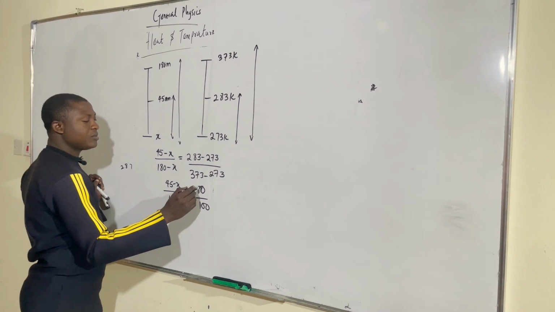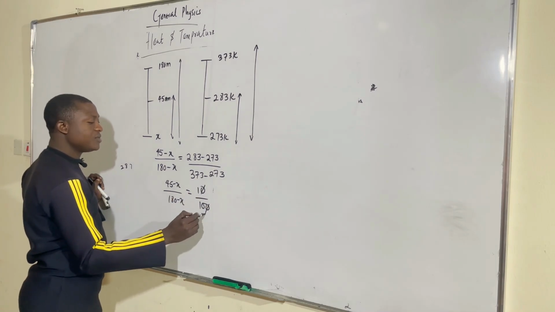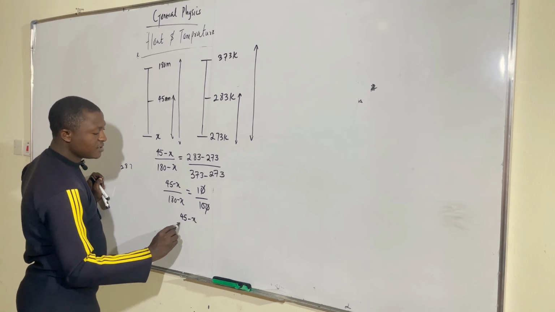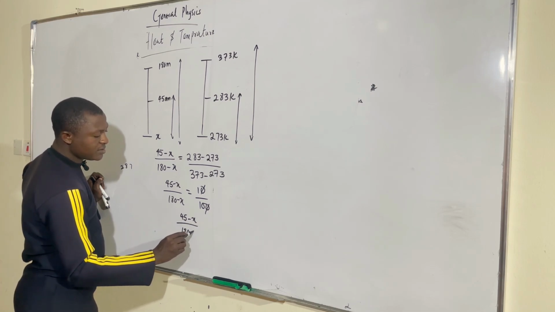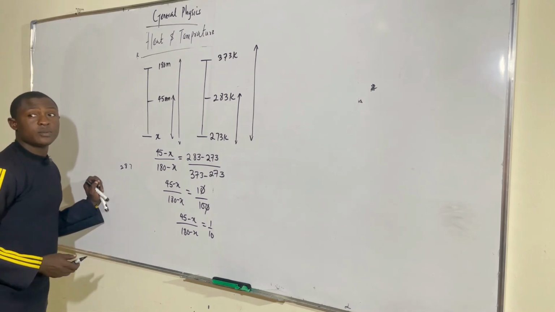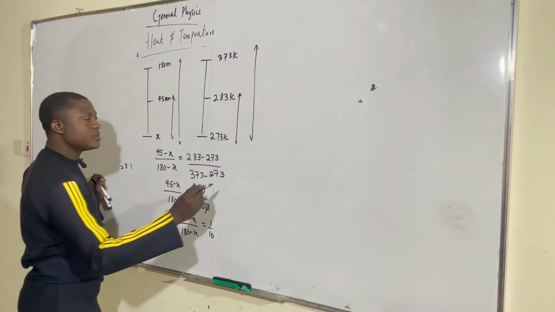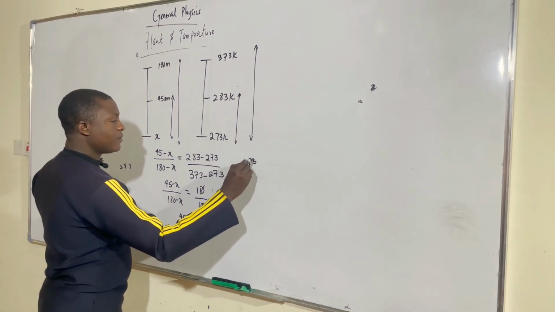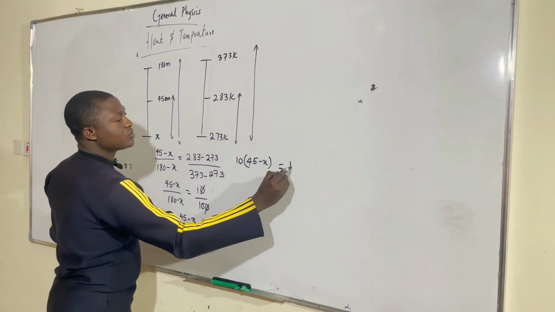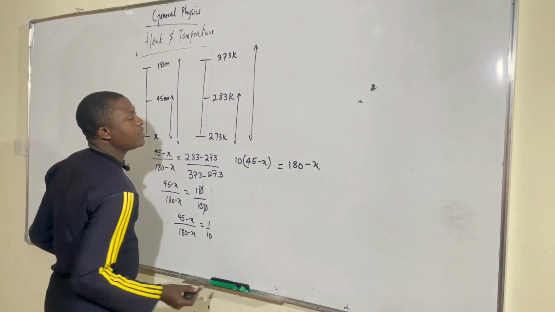To make our problem easier, this can cancel this. So what we have left here is 45 minus x over 180 minus x is equal to 1 over 10. You can see the next step is to cross multiply. So down here we have 45 minus x times 10 is equal to 180 minus x.